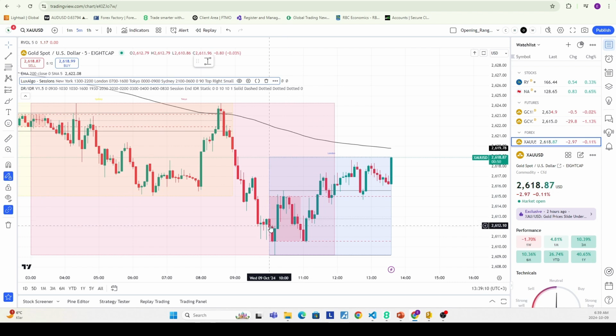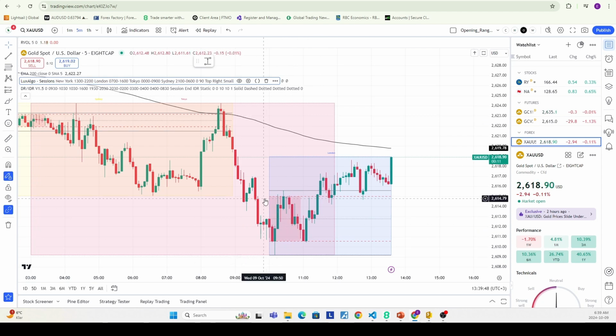Whereas, for instance, here, the difference between the open and the close price of this DR, actually it went down. So that means you should only be taking shorts. So that would be the intra-session filter. The inter-session filter, which is also mentioned by the moving average, is that you should look at the current DR, or in this case it's the LDR, relative to the previous DR. So this would be comparing the LDR to the ADR, and we should only be taking shorts if we are below the previous session.